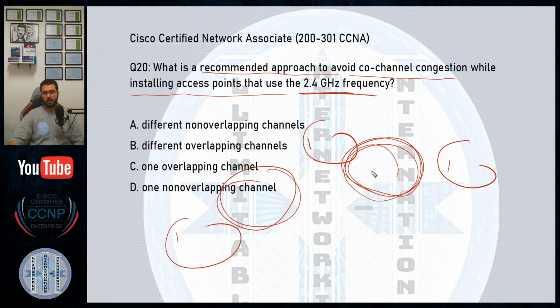That channel should be non-overlapping, like one here that carries channel number 6, which is not overlapping with 1, and that will be good to avoid overlapping. Okay, and I hope that I did explain that correctly, I hope so.